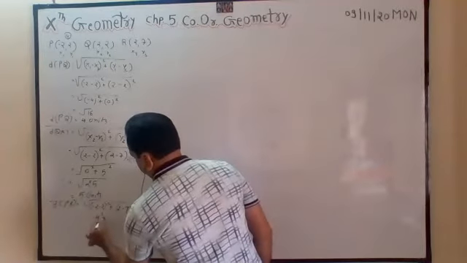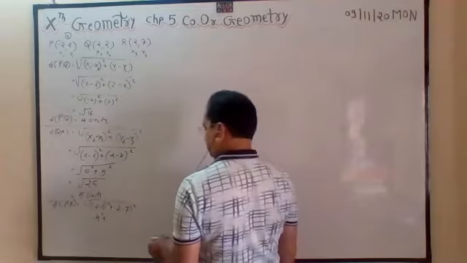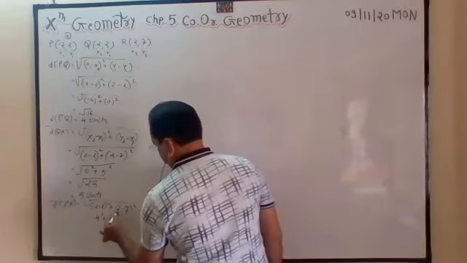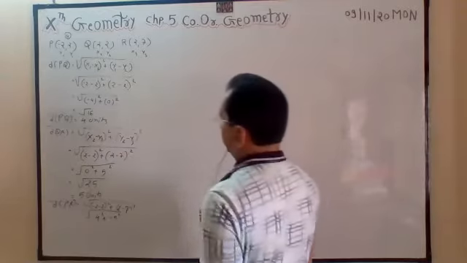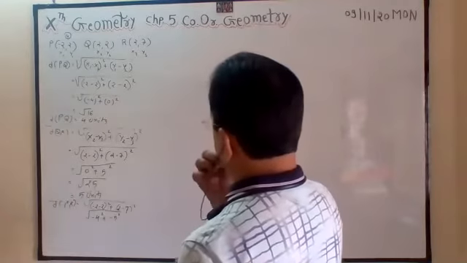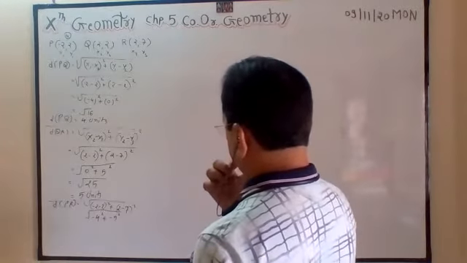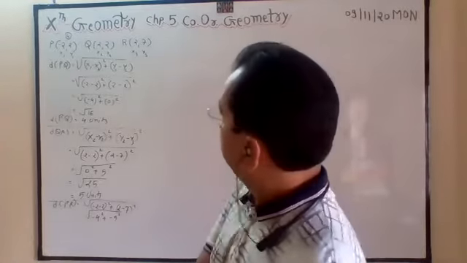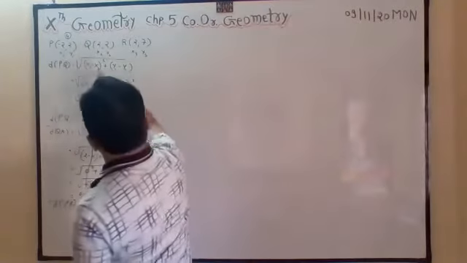So this is minus 4 squared plus minus 5 squared.